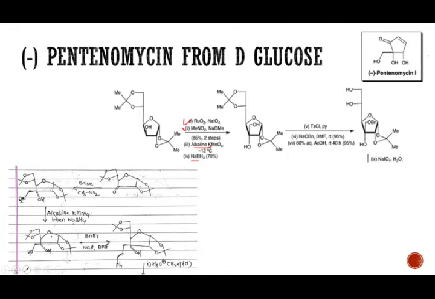So the next reaction is the use of TsCl and NaOBn. What will this TsCl do? This TsCl will react with the primary alcoholic OH group. I will again repeat the reactivity: the primary alcohol is protected very fast, then secondary and then tertiary.